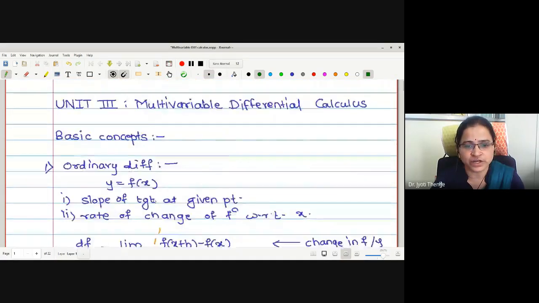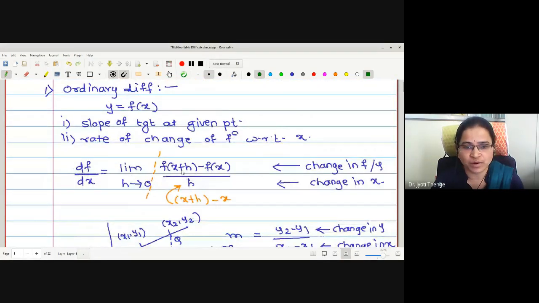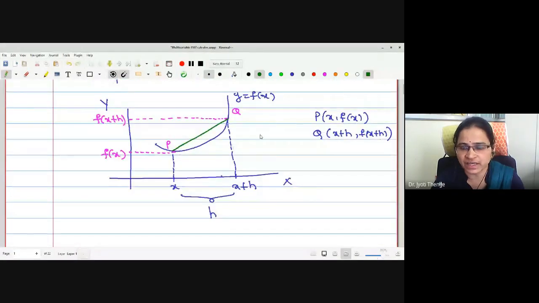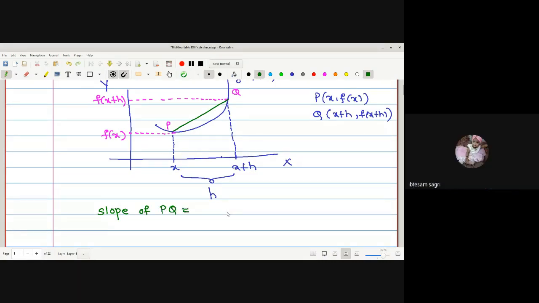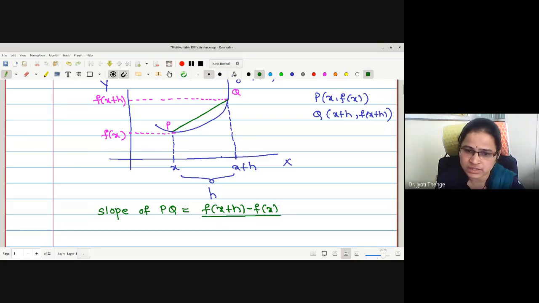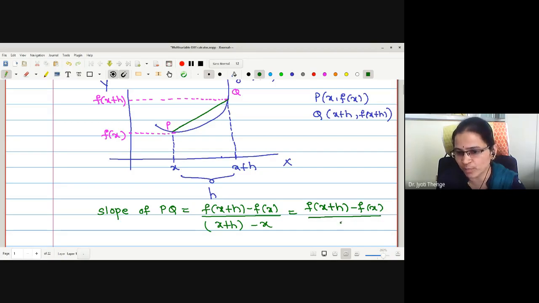Now let us consider this ratio, f of x plus h minus f of x upon h. If I take this ratio, this will be the slope of the line PQ. What is the slope of line PQ? F of x plus h minus f of x upon x plus h minus x, where x gets cancelled and we remain with f of x plus h minus f of x upon h.